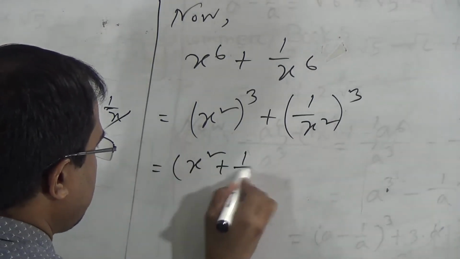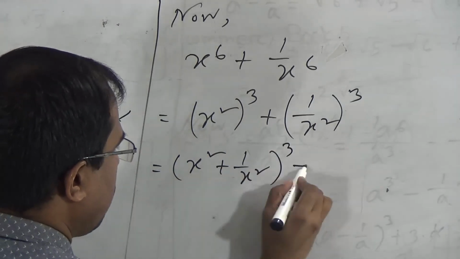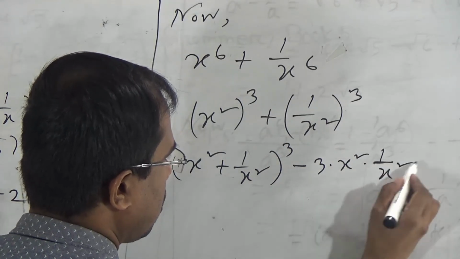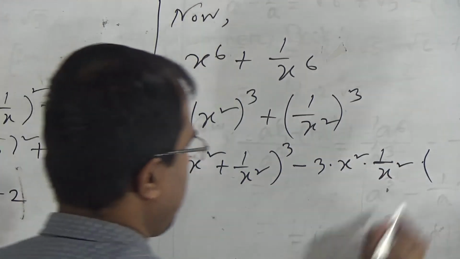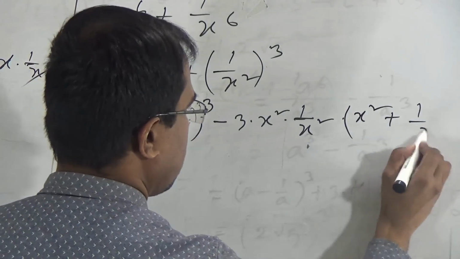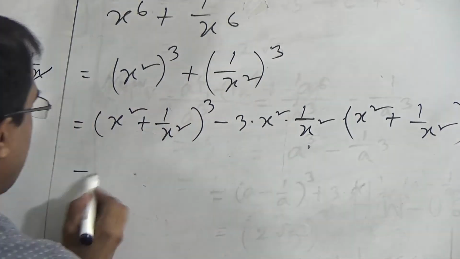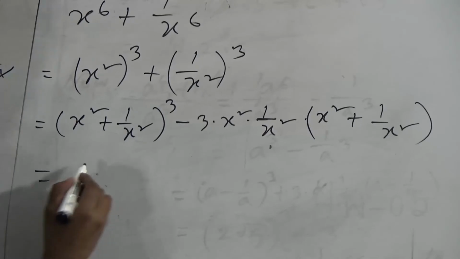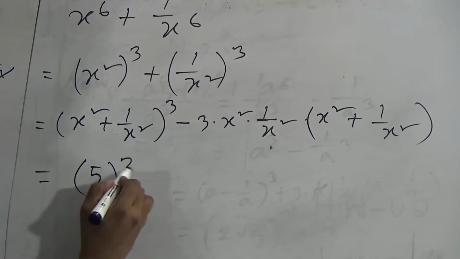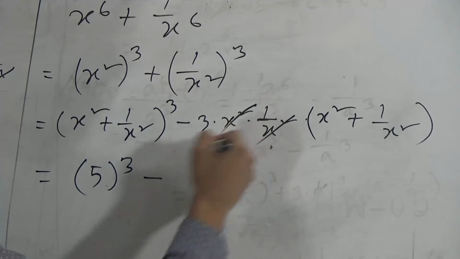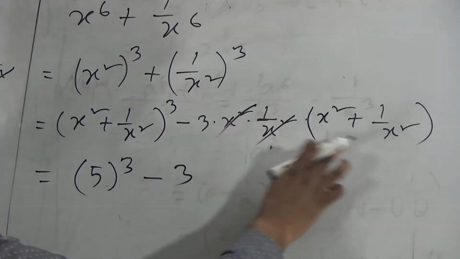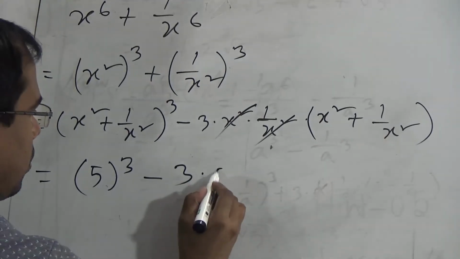A plus b whole cube minus 3ab into a plus b. Now the value of x square plus 1 by x square is equal to 5. So we can put the value of x square plus 1 by x square equal to 5. 5 cube minus, this x square and this x square we can cut, 3 into the value of x square plus 1 by x square is 5.